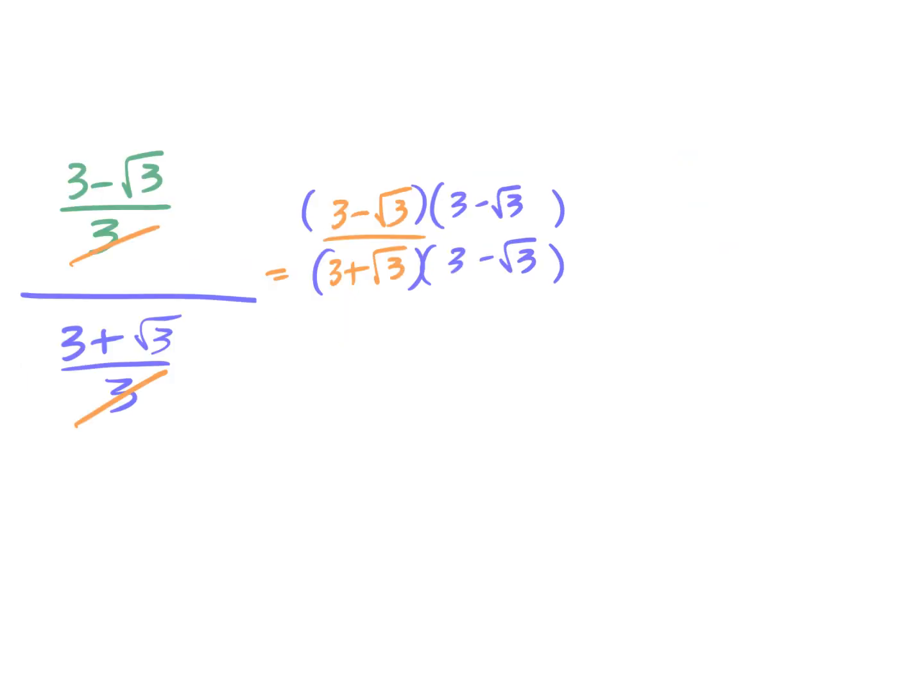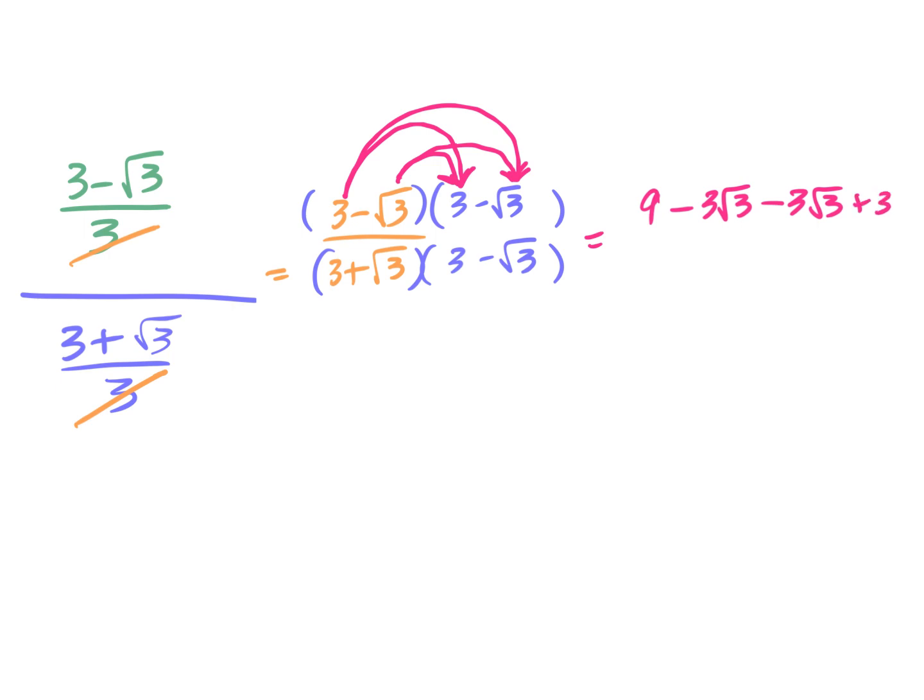People, all right, here we go. Top shelf, we ready? What are we going to get first? 9 minus 3 root 3 minus 3 root 3 again plus root 3 times root 3 is root 9, which is just 3.